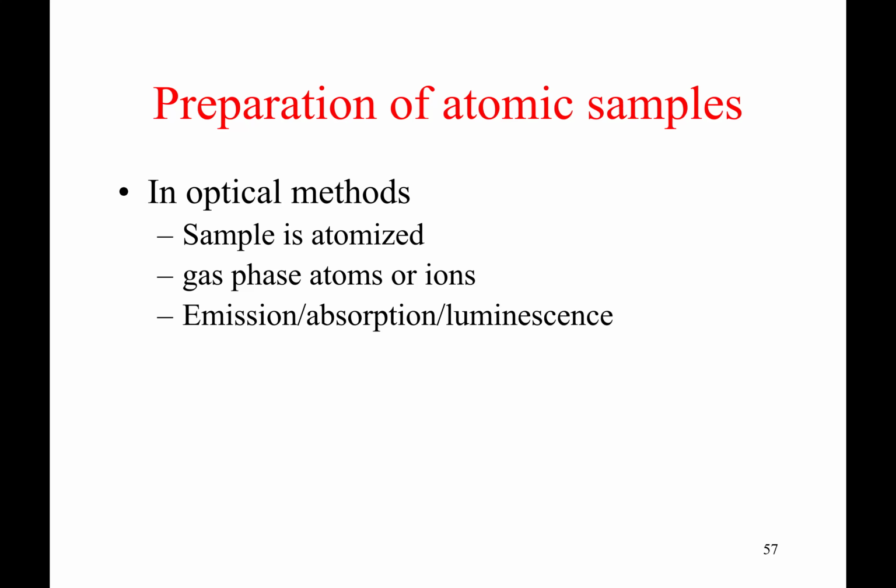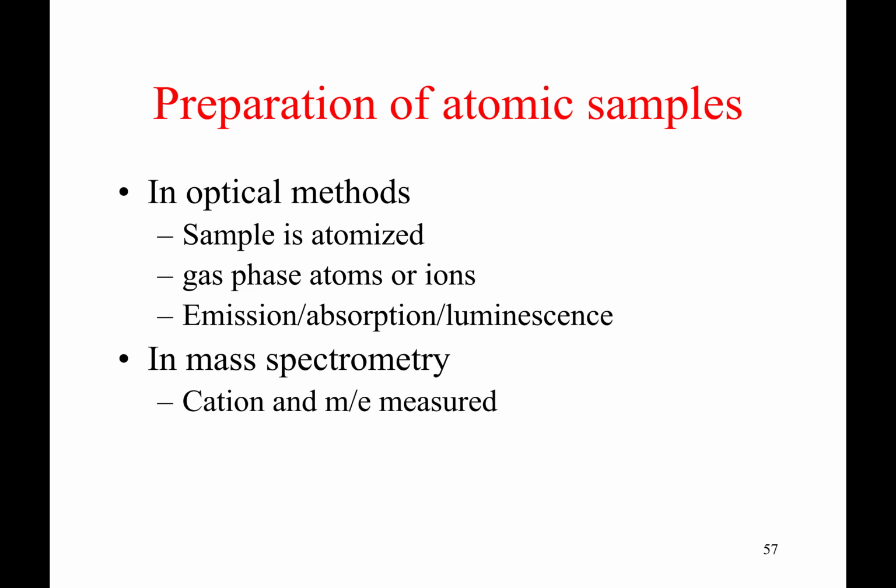In optical methods, you can also have emission, like what we have in XRF, X-ray fluorescence. You can have gas phase atoms or ions. In the case of atomic fluorescence, those atoms come from the excited state to the ground state.